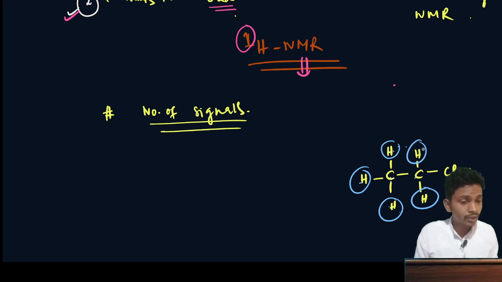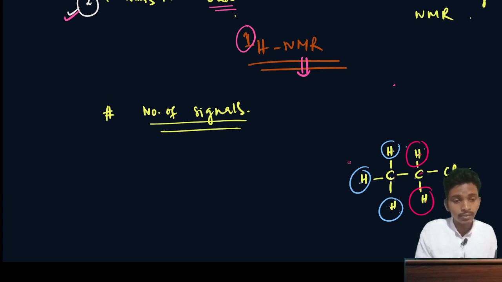These hydrogens on the other carbon have the same environment. Each is attached to carbon, and this carbon on one side is attached to carbon and on the other side to chlorine. So these are different from those.